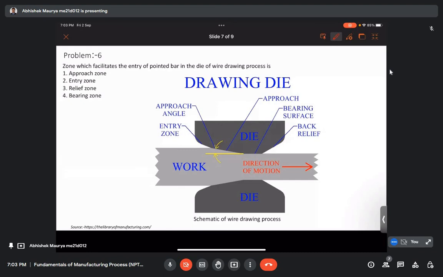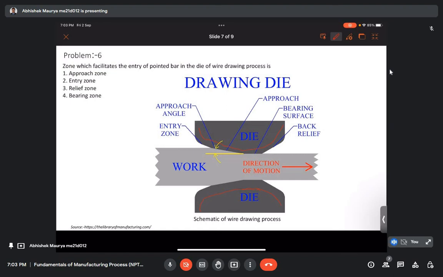Yes, this is the schematic of the wire drawing process. So this is the die region. These are all the die region. We have upper die and bottom die.